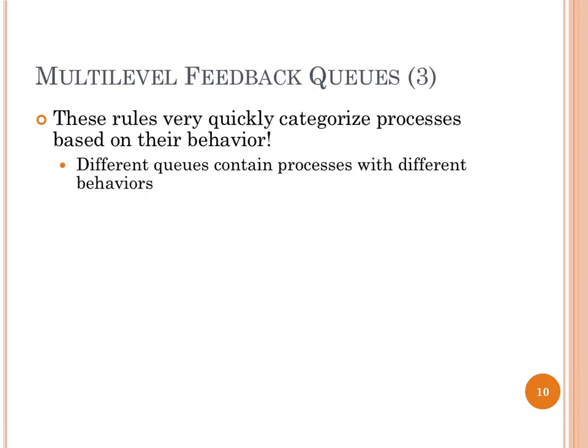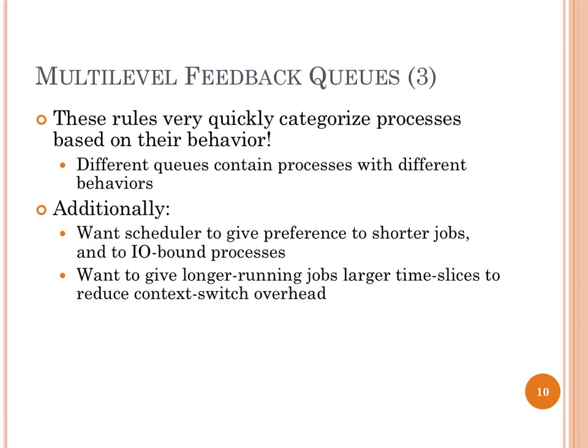Let's see, yeah, so this is great because processes will quickly be categorized based on their behavior. Now here's the other thing. Remember that we want to prioritize interactive processes. We don't know that it's an interactive process, except it's acting like one. It's kind of like duck typing. You've probably heard of this kind of concept before. It walks like a duck. It quacks like a duck.